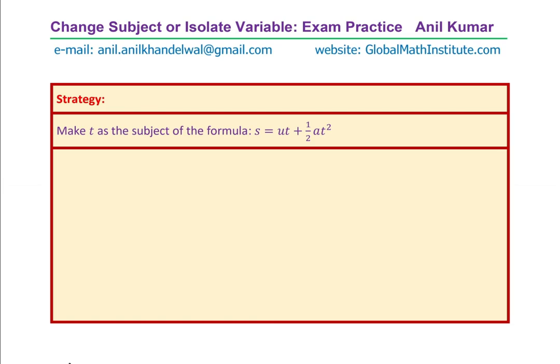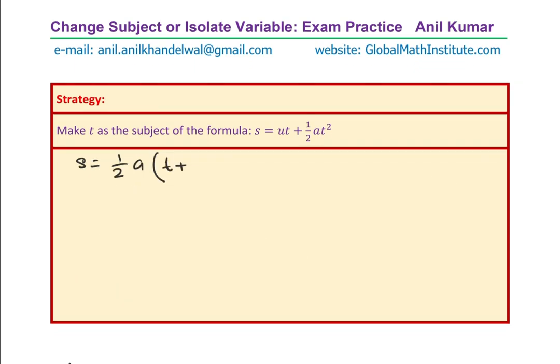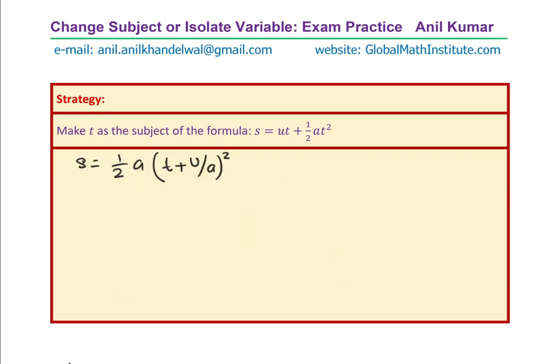So here we get s equals half a, and within brackets the first one was t plus u over a whole square. Correct? And then we'll multiply half a by minus u square over a square. Minus half a times u square over a square.